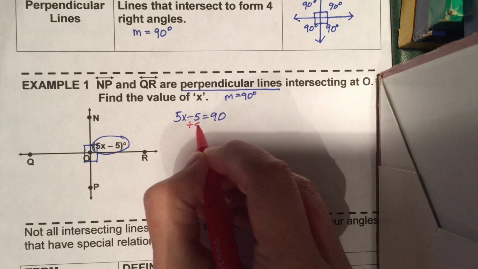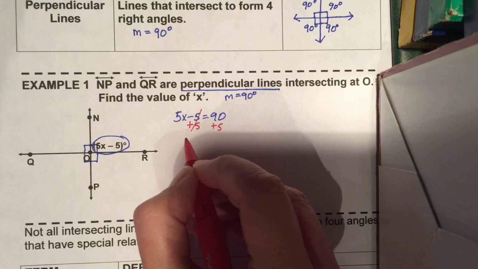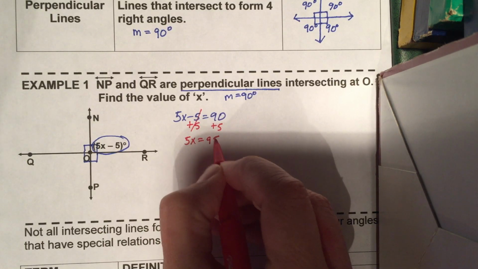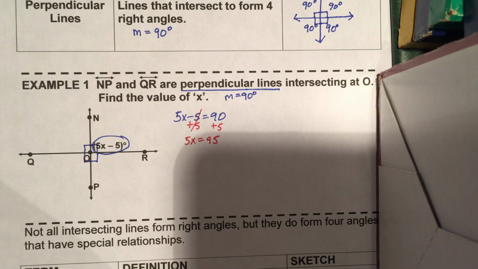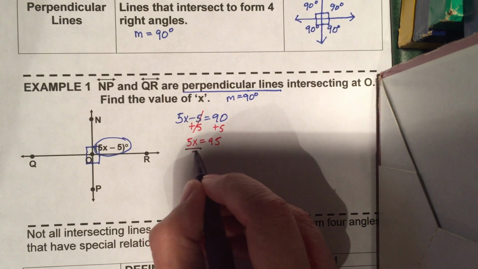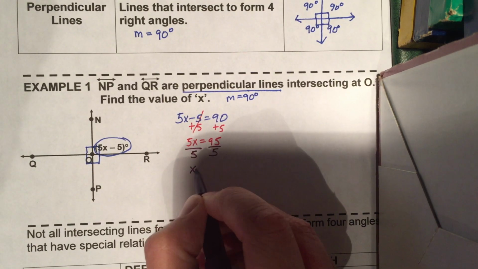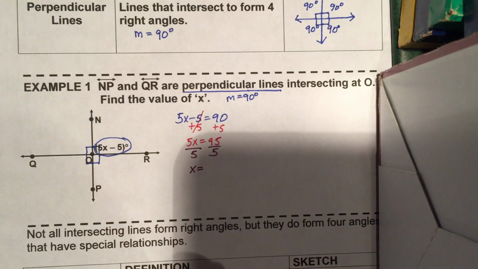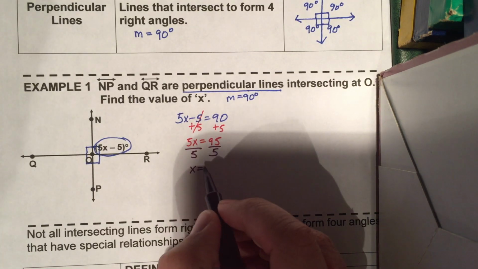So I'm going to add the 5 to both sides. So 5x equals 95. And then I'm going to divide both sides by 5. So x is going to end up being 19.